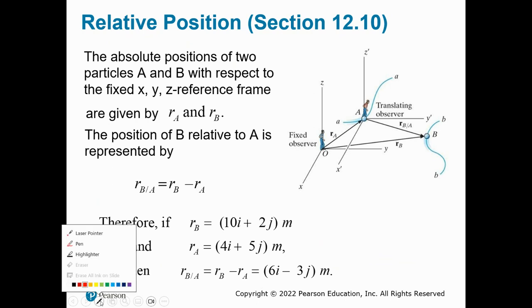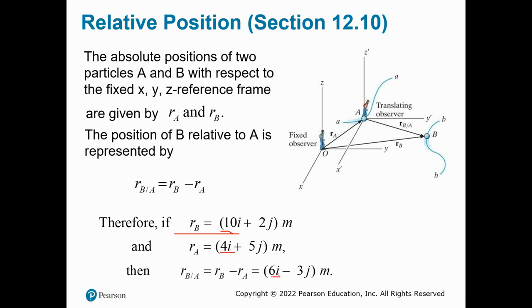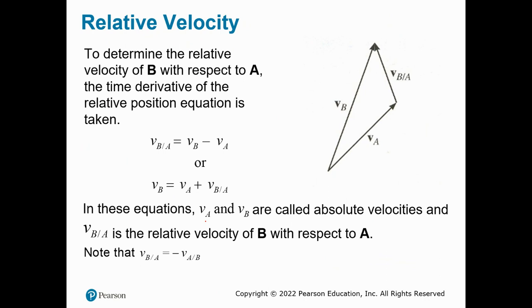So we subtract the i components: 10i minus 4i gives me 6i, and we also combine the j components: 2j minus 5j gives me negative 3j. The relative position will be, keep in mind the notation, RB/A, and that is the first vector, RB, minus RA. So be careful with the directions, which one minus which one.